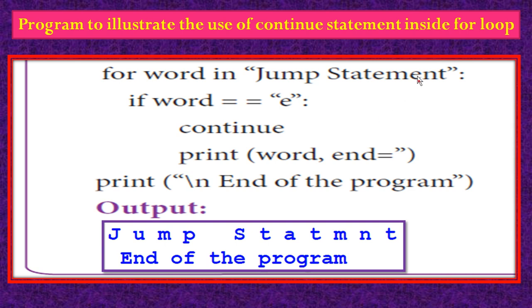Similarly, this e is also not printed, because when word equal to 'e', the continue statement skips the remaining part of the for loop and transfers control to the next iteration, that is N. So two e's are not printed here. Correct this output in your 12th standard computer science book.